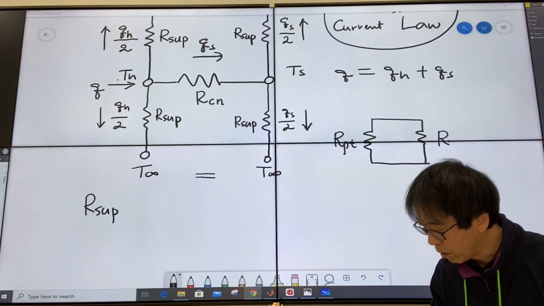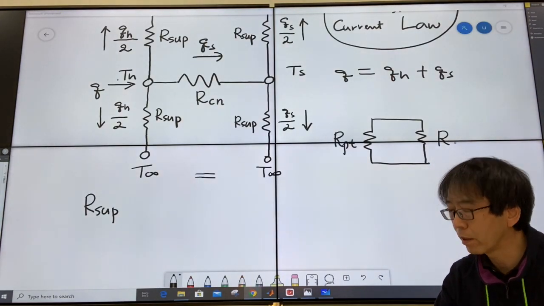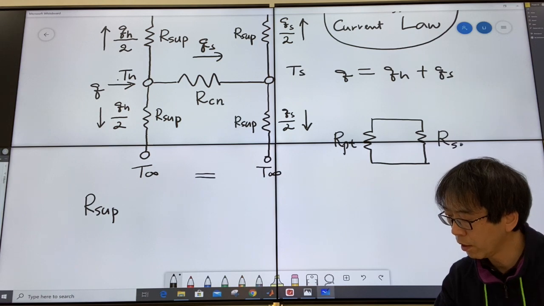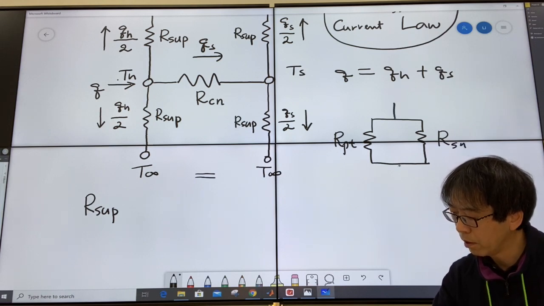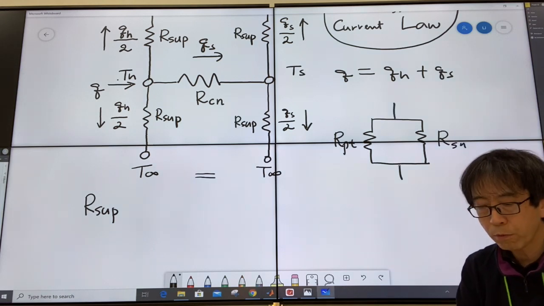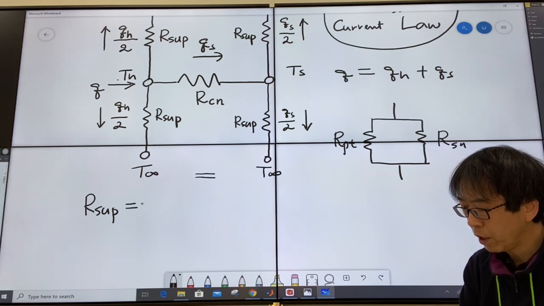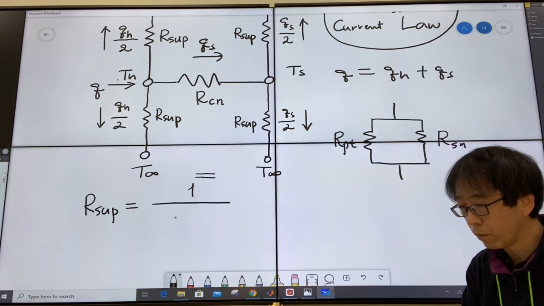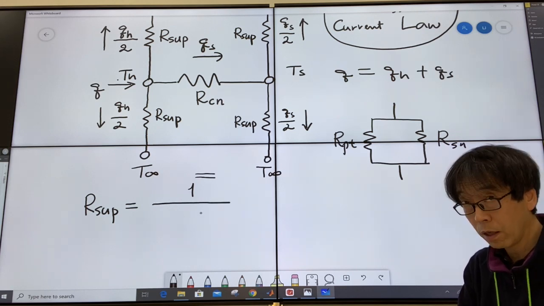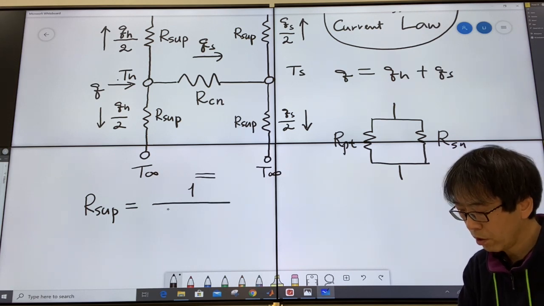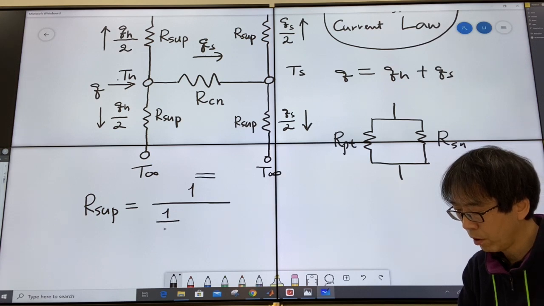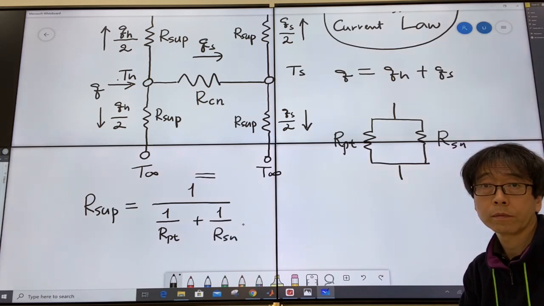Sorry, the thermal resistance of what? Silicon nitride, in parallel. So if you just put them together, what will be the thermal resistance of the whole thing? Well, this is a parallel combination, so you would have to use 1 over R_Pt and 1 over R silicon nitride, right?